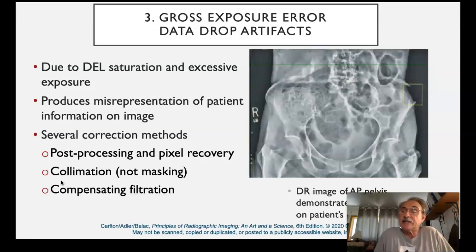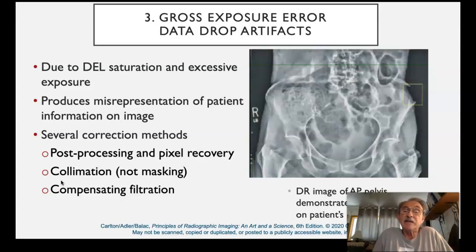Take a look down at the greater trochanter on that same left side. Can you see that the same thing was happening there? And so what can we do to correct this? Well, there are some post-processing and pixel recovery algorithms that we might be able to run this through, and that may restore some of that visibility of detail.